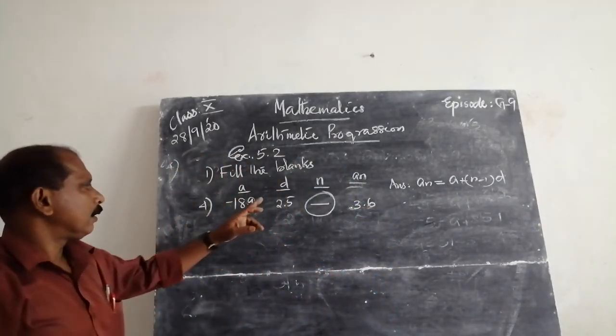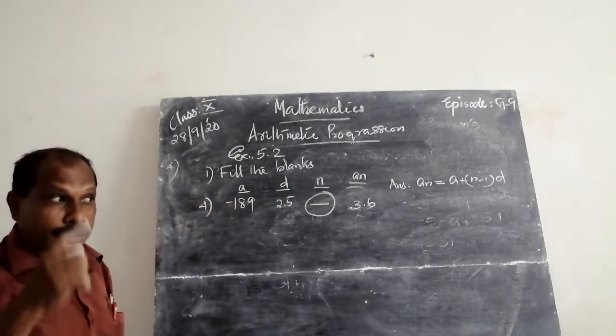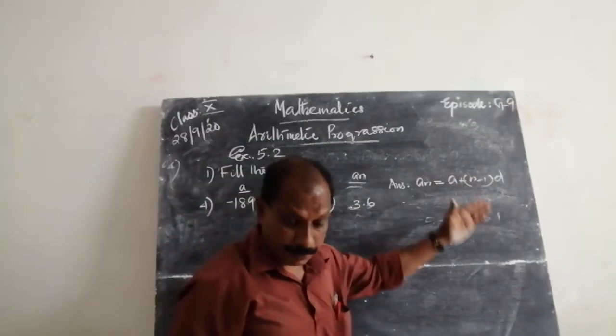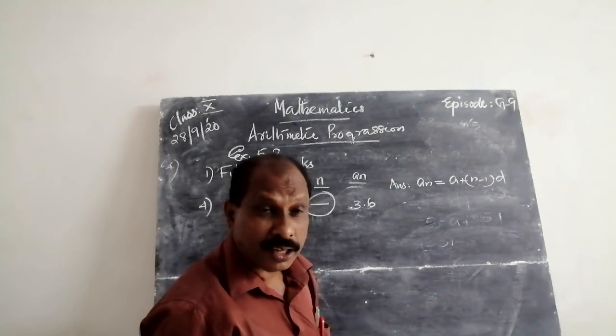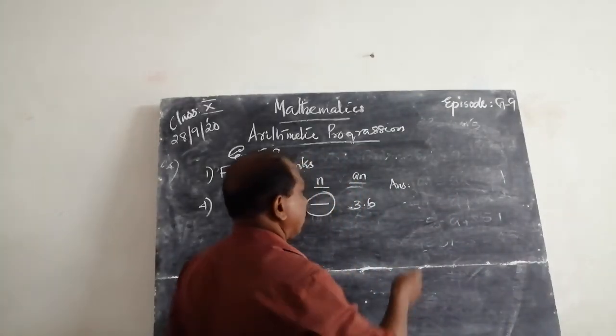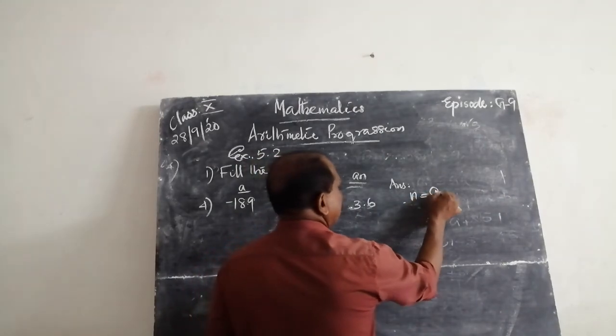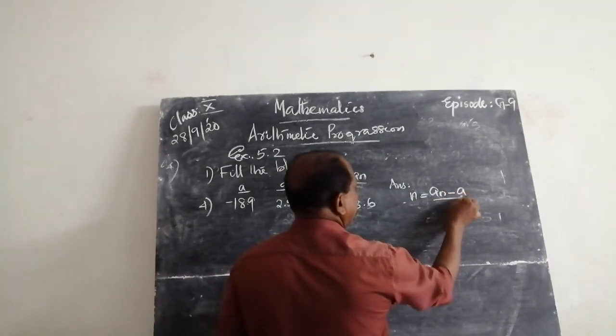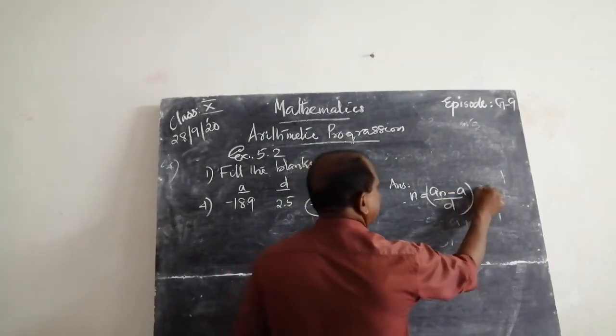That means we can find out N here. Therefore, we use the formula. What is it? N is equal to last term minus first term. Therefore, answer is N is equal to A N minus A by D plus 1.